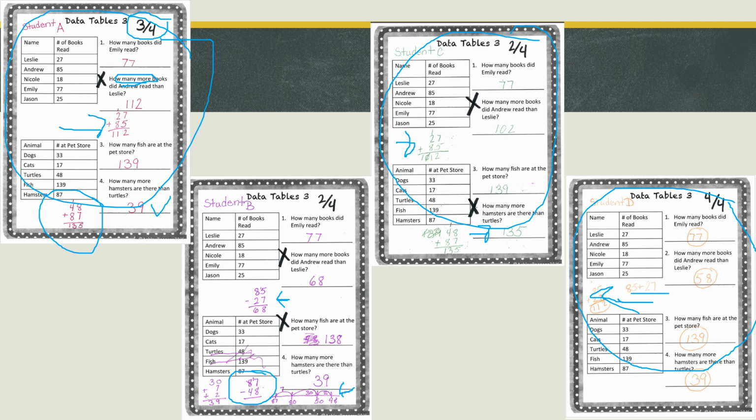There might be a little bit of procedural misunderstanding when it comes to using that algorithm of stacking the numbers to subtract, but they don't have that mathematical reasoning misunderstanding that student A, student C, and student D do.